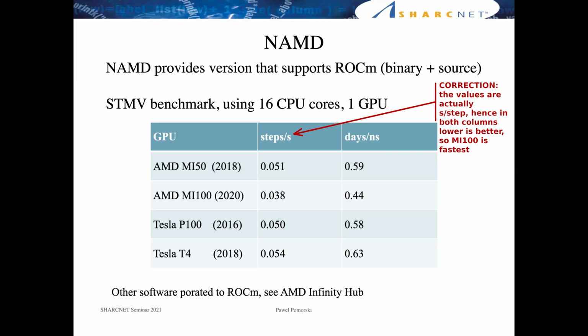So in general, a whole set of popular scientific software has been ported to ROCm. And if you want to see the most popular packages, they are available at AMD Infinity Hub, so you can check that out. What I did in my case is I went straight to the NAMD page. NAMD is a popular molecular dynamics program, and MD programs generally work very well on GPUs.